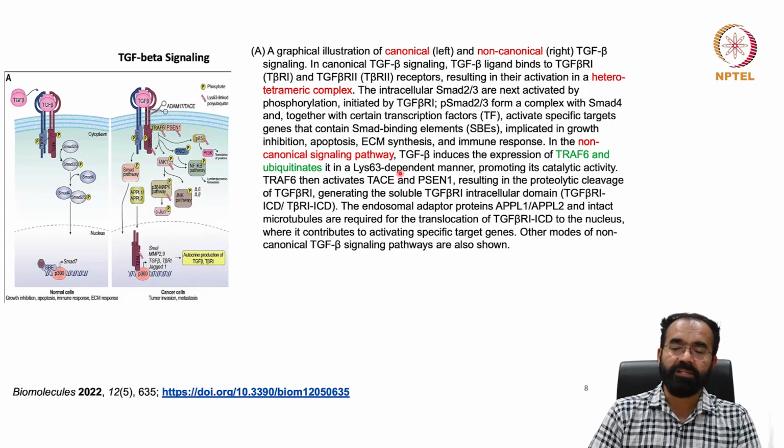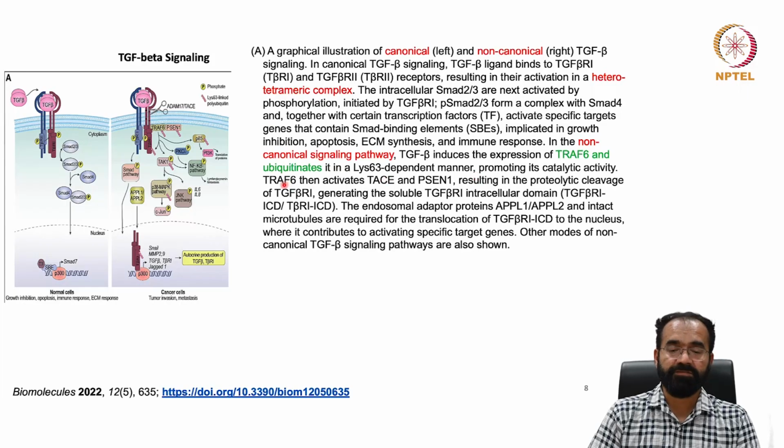In the non-canonical pathway, TGF-beta induces the expression of a molecule called TRAF6, and it ubiquitinates that particular TRAF6 molecule in a lysine 63 dependent manner, promoting its catalytic activity.